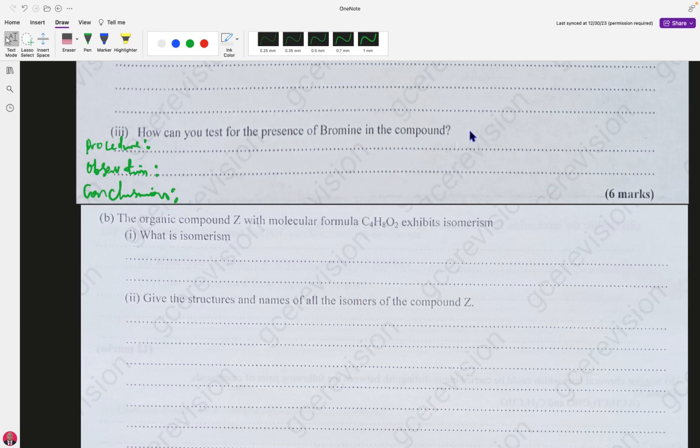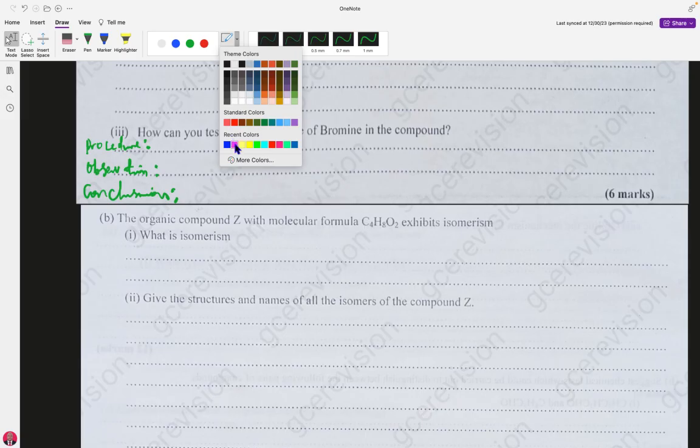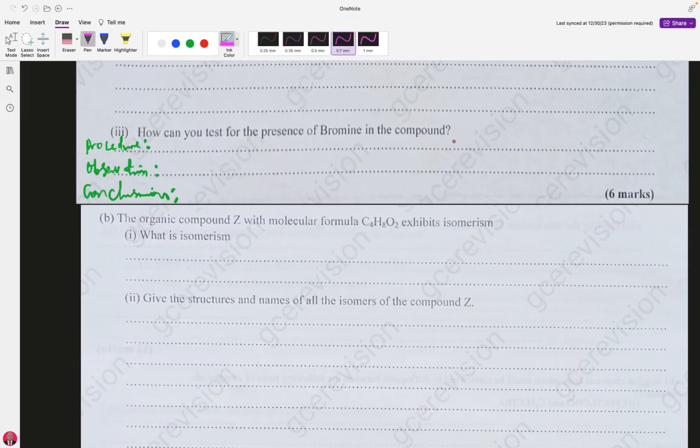If I was to write a general equation here and ask you to do something there, the general equation for the halide ion should be something like this.